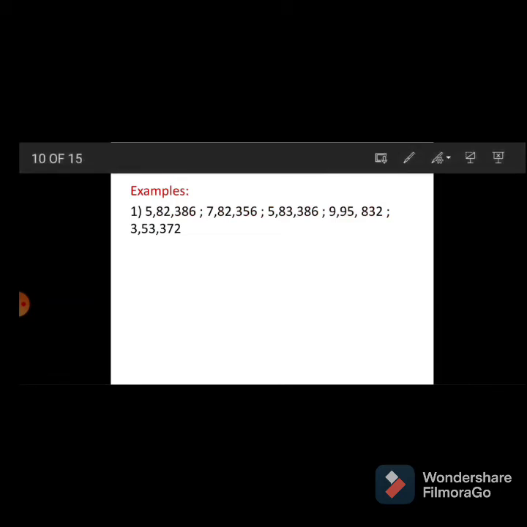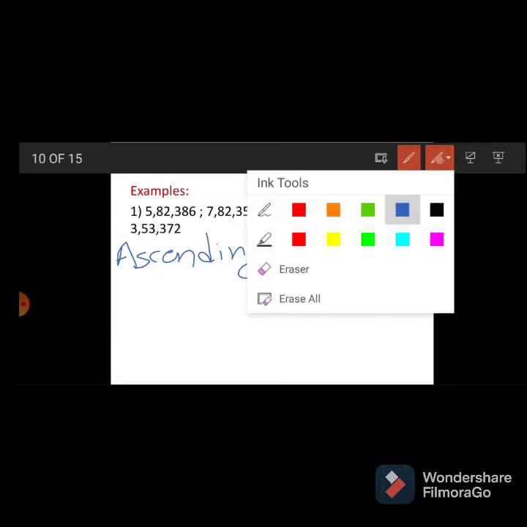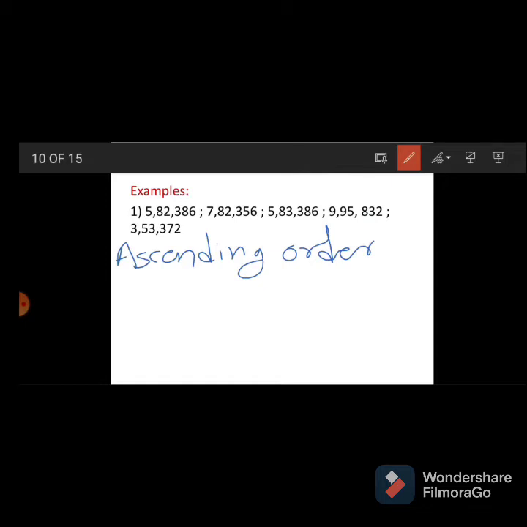The first example. Here 5 numbers are given and we have to arrange them in ascending order. Then what to do? First check the number of digits in each number. See here, first 5,82,386.